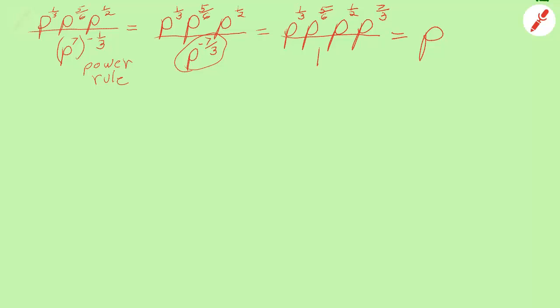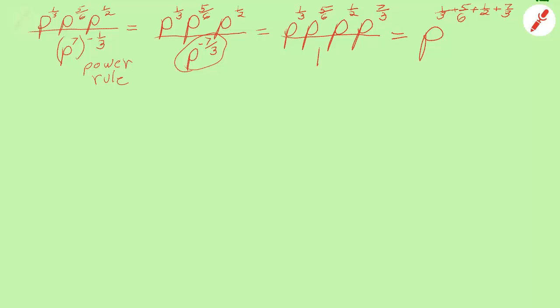I'm going to write the base p once, and I'm going to add the exponents. 1/3 plus 5/6 plus 1/2 plus 7/3.